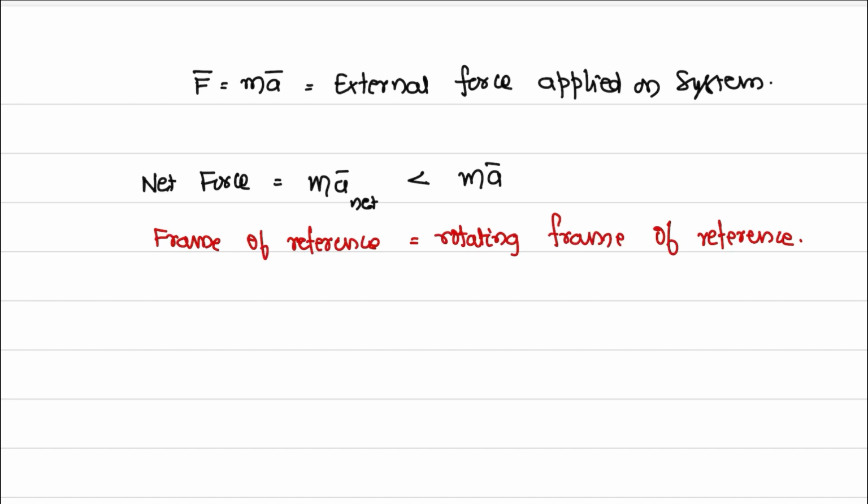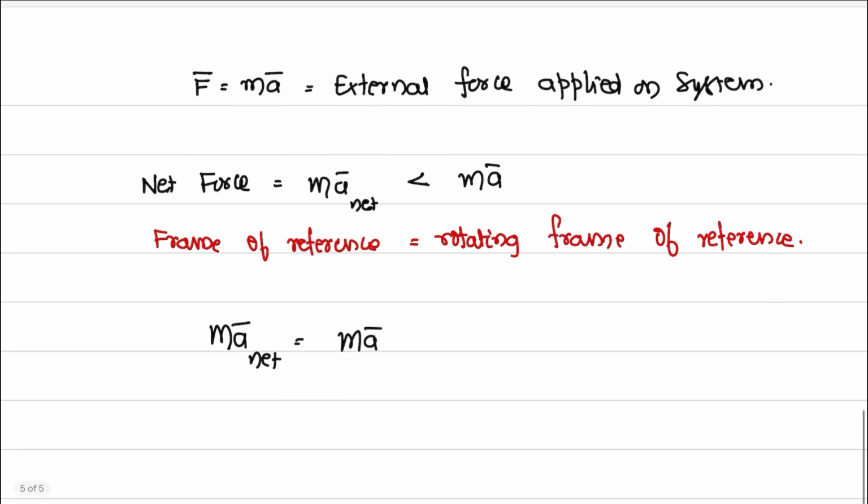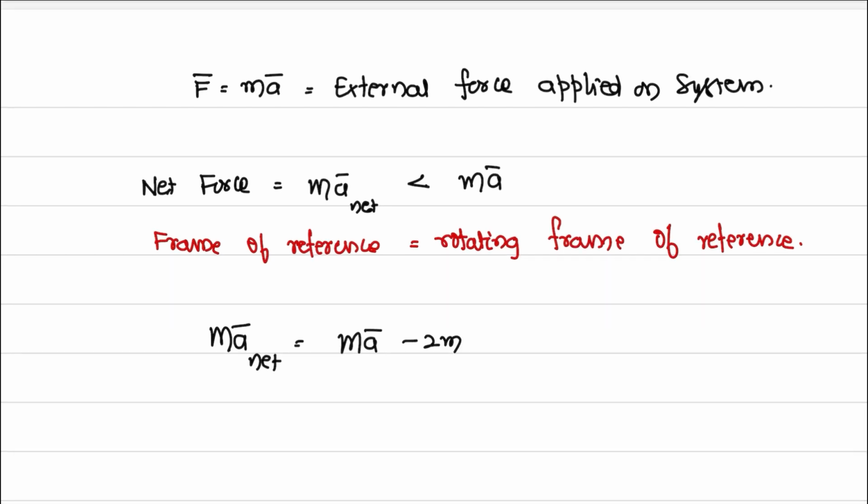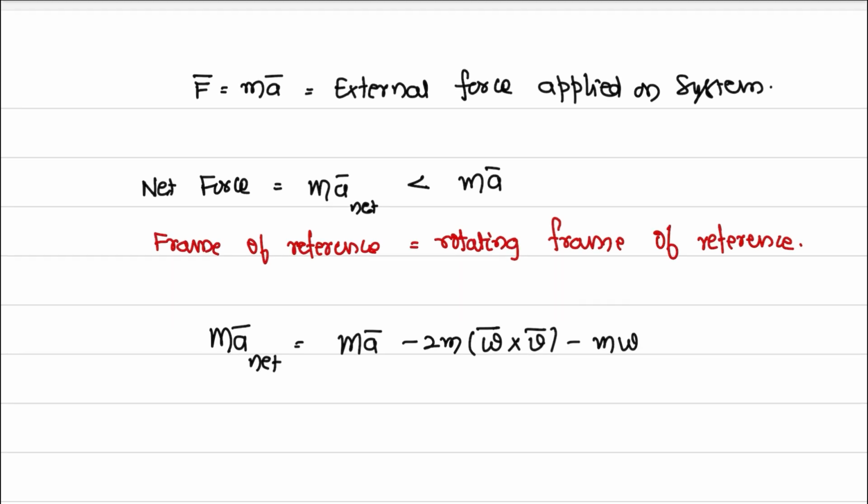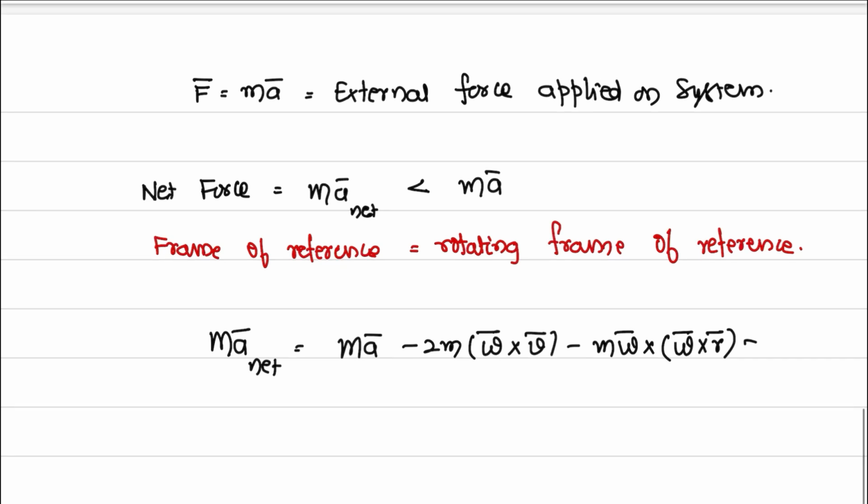I will directly give the equation. Please remember that m a net is equal to m a bar, this is external, minus 2m omega cross v, minus m omega cross omega cross r, minus m into d omega by dt cross r.